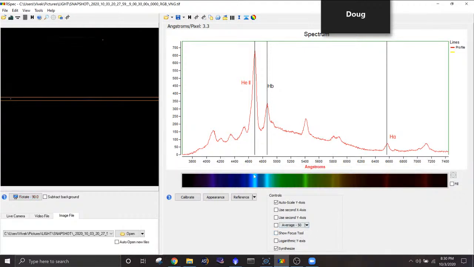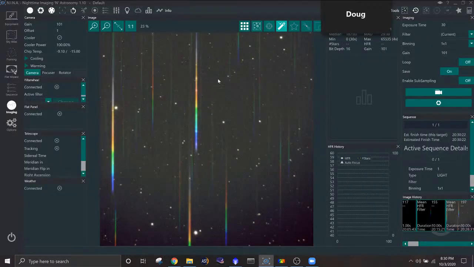Okay, so I think we have the graph now. This is the exposure itself, and this thing over here where you see the beads, that is the Wolf-Rayet star spectrum, and here's the Wolf-Rayet star. If you're an amateur astronomer, you might be familiar with the Crescent Nebula.